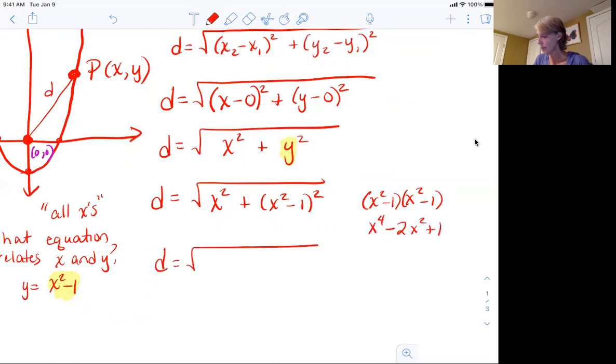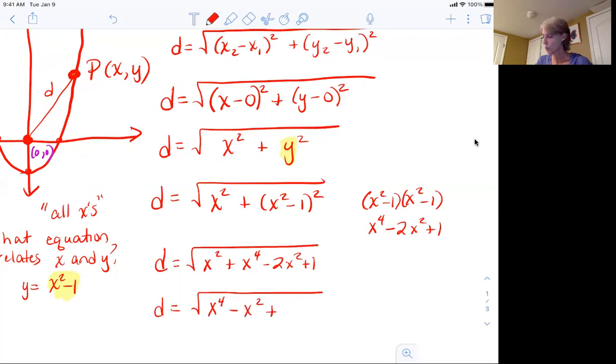And if we can, we're going to combine any like terms that we can: x to the 4th minus x squared plus 1. Okay, so yes, we are going to simplify this. In non-math terms, we're going to clean it up. We're going to write it so it's a nice, neat package. And this is your answer.